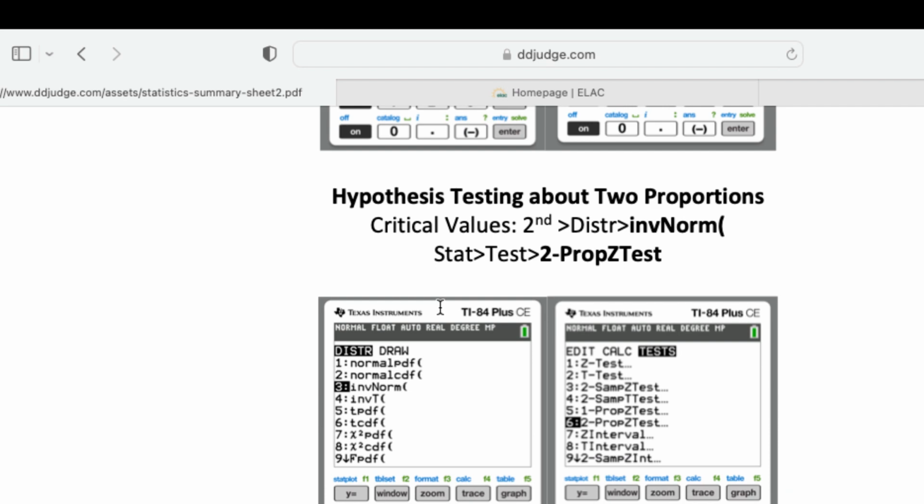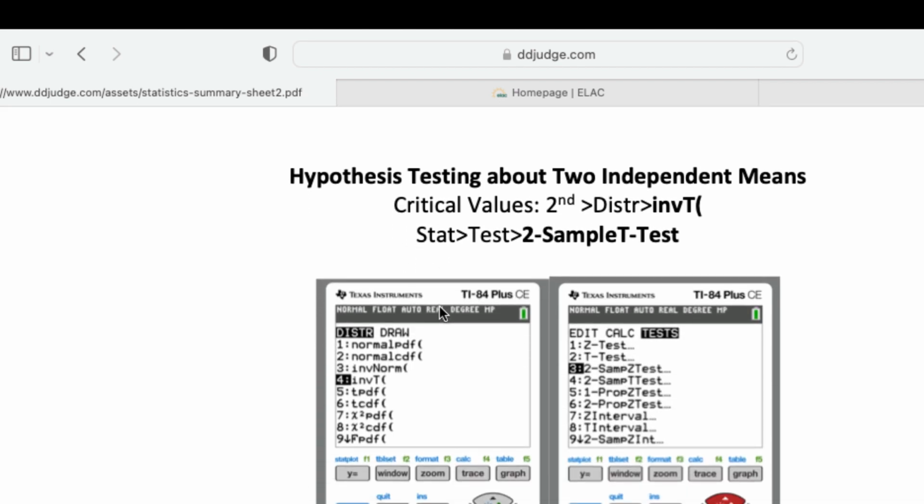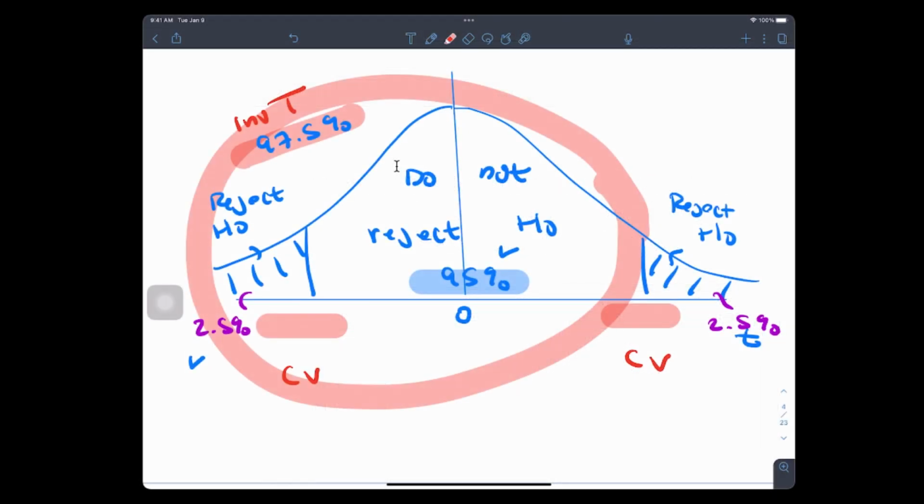Hypothesizing about two proportions, inverse norm, two proportion z-test. And then this one, which is what? Hypothesizing about two independent means, inverse t, two sample t-test. So T and T, two sample t-tests, T. So I keep that there for you guys just in case, okay? Just want to make that clear.